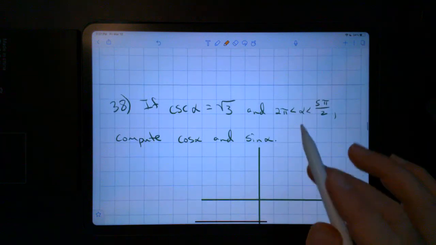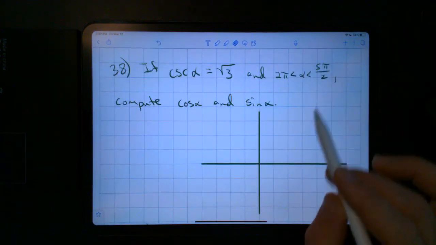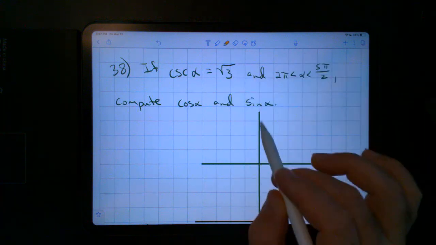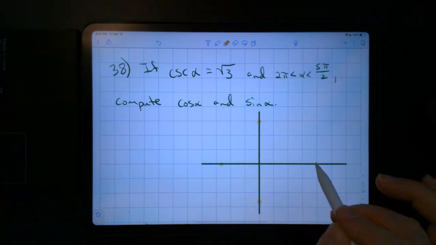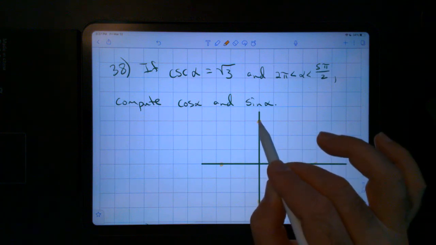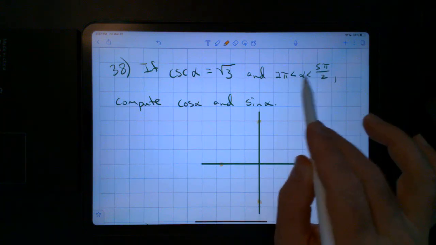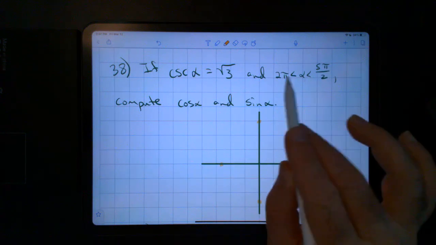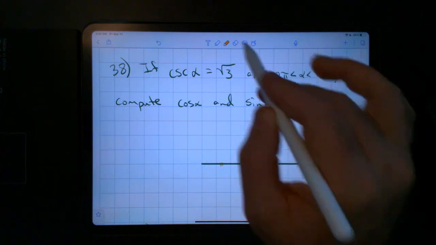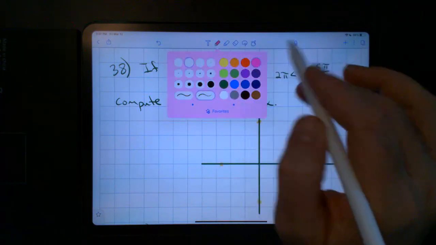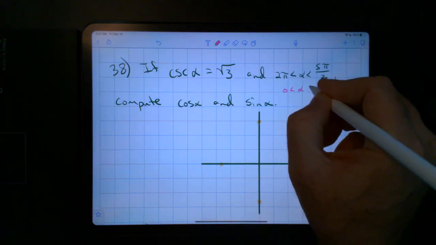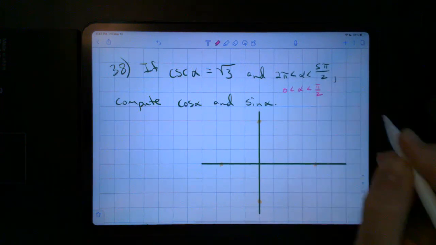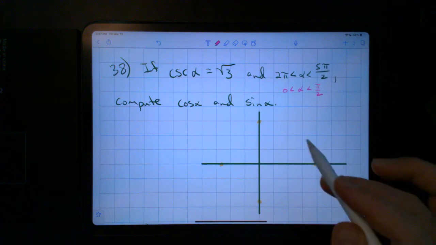So 5 pi over 2: there's 1 pi over 2, 2 pi over 2, 3 pi over 2, 4 pi over 2, 5 pi over 2. You're in quadrant 1. You can also subtract 2 pi from everything. So if we were to subtract 2 pi, we see that alpha is in between 0 and pi over 2. So we're in quadrant 1.